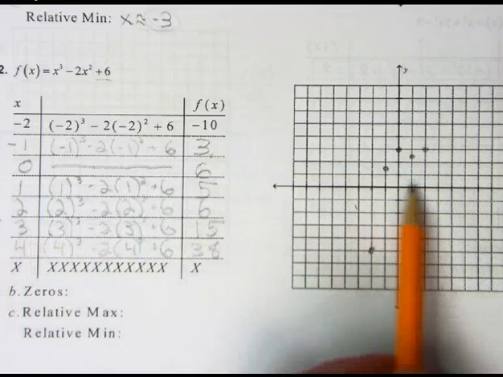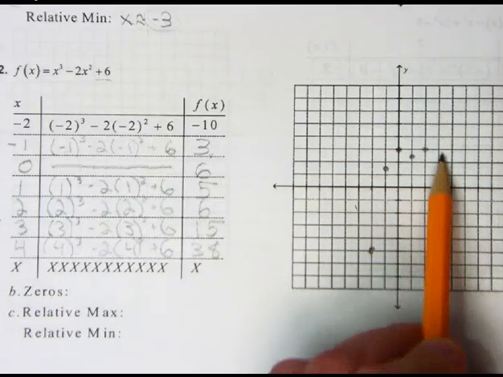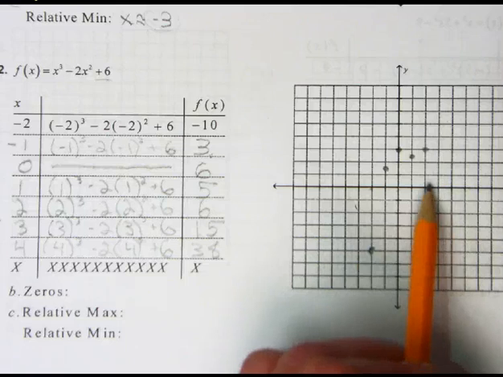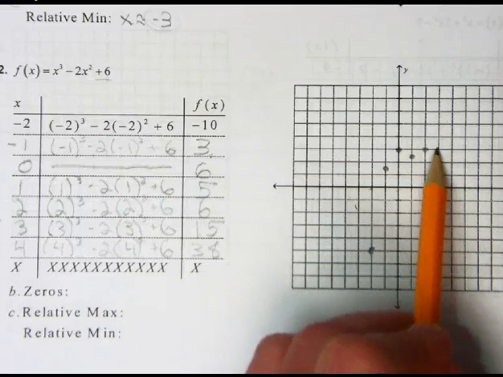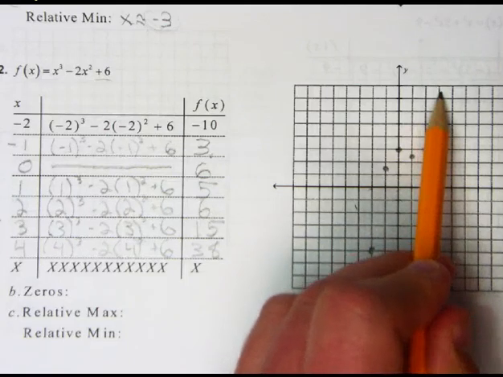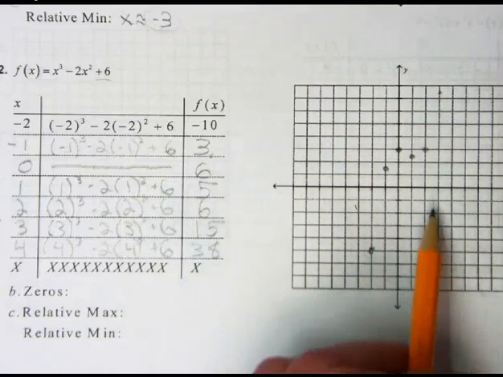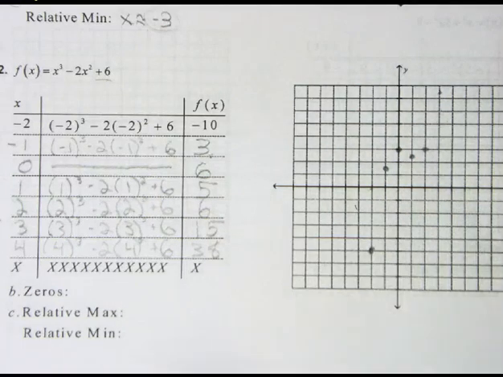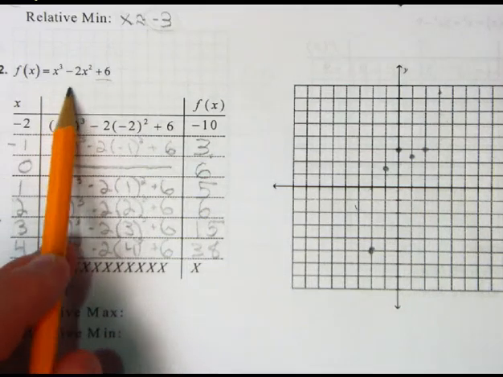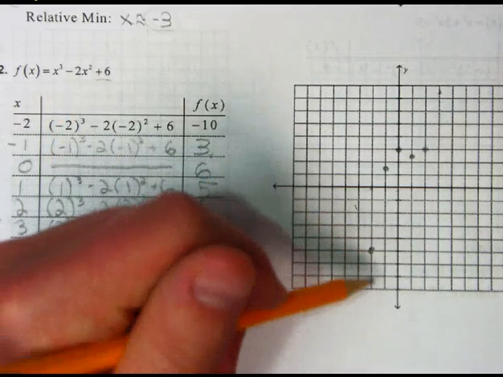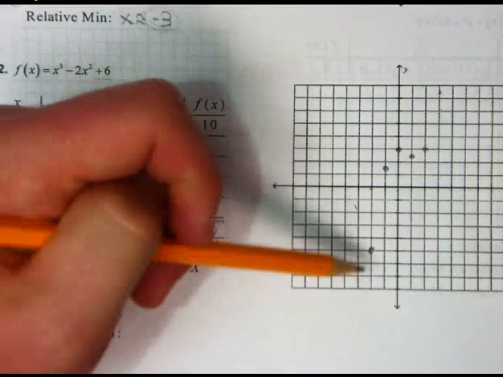And then 3 to 15, 2, 4, 6, 8, 10, 12. I lost it. 6, 8, 10, 12, 14, 15. I think that's right. Okay. And we know it's, again, a cubic, so one side is going to be real low, one side is going to be really high. Let's go ahead and sketch it.